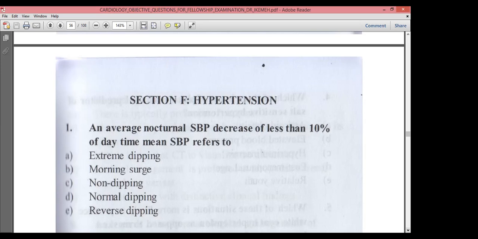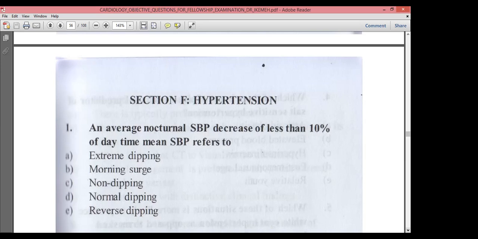Morning surge is defined as the increase in blood pressure when a person transitions from being asleep to being awake. There's a specific value, but I can't remember it now. But here the answer is non-dipping. Section F, number one, C.